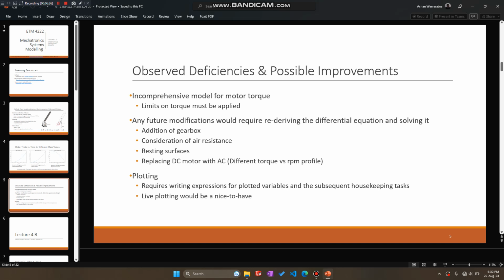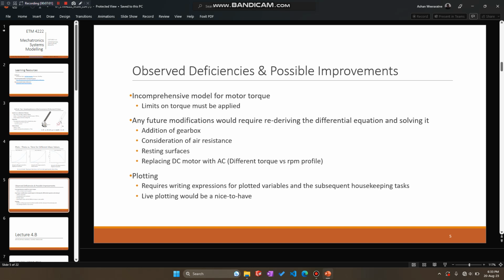And you'll notice that when you move on to better equipped software like Simulink or Simscape, obtaining plots whenever we require would be made much easier than that. They also provide a feature called live plotting, where the plotting is done in real time.